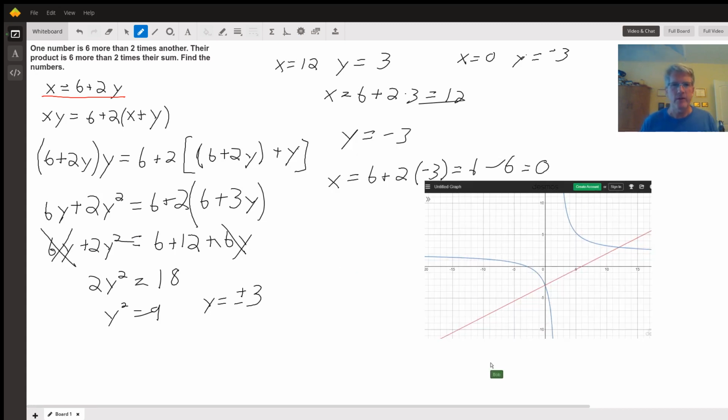All right, this right here is x equals 6 plus 2y. It's a linear equation. And then this right here is xy equals 6 plus 2 times x plus y. You can see it's a hyperbola. And this point right here, x is equal to 12, y equals 3, is that point right there. And this point right here is that point down there. This is actually using a graphing calculator called Desmos. If you look at it, you can see that this solution does indeed make sense.